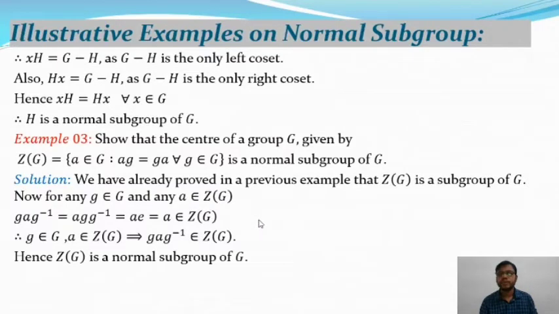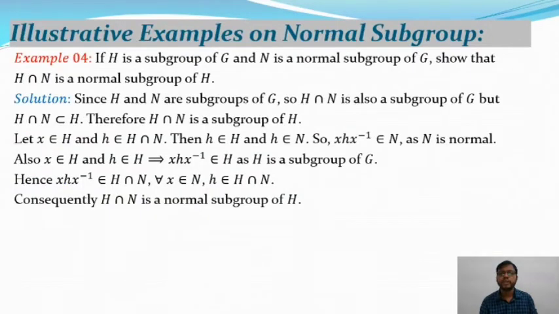Now we are going to take one more example on the normal subgroup. So here is the example. If H is a subgroup of G and N is a normal subgroup of G, then show that H intersection N is a normal subgroup of H. Here is the solution.